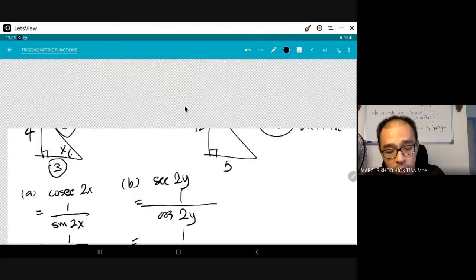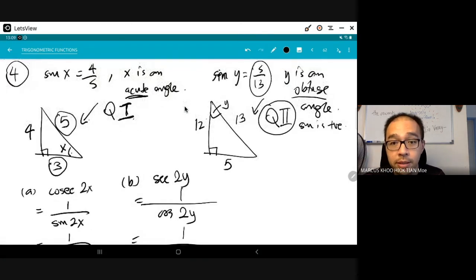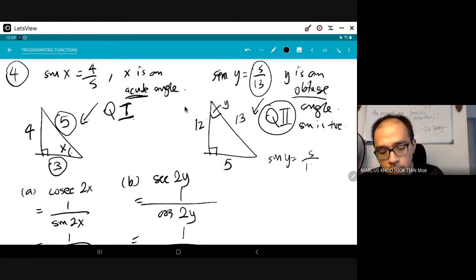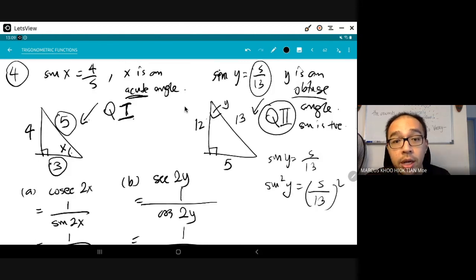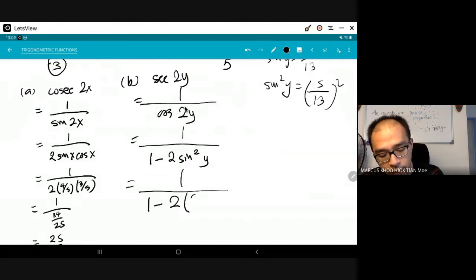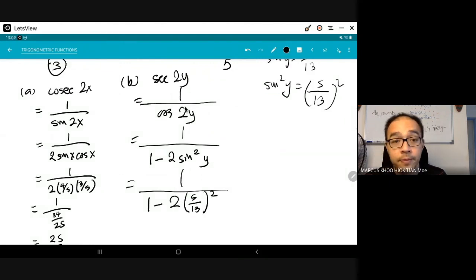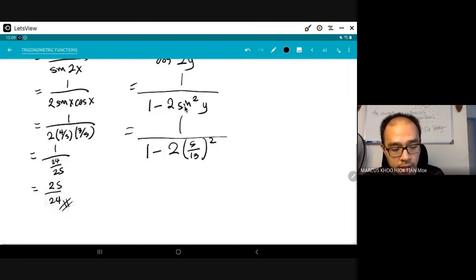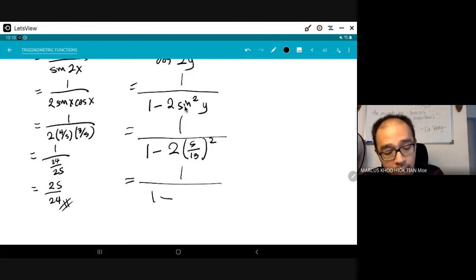So sine y we know is 5 over 13. So if sine y is 5 over 13, sine squared y will be 5 over 13, the whole thing squared. You just square it. So you get 1 over 1 minus 2 times 5 over 13 squared.